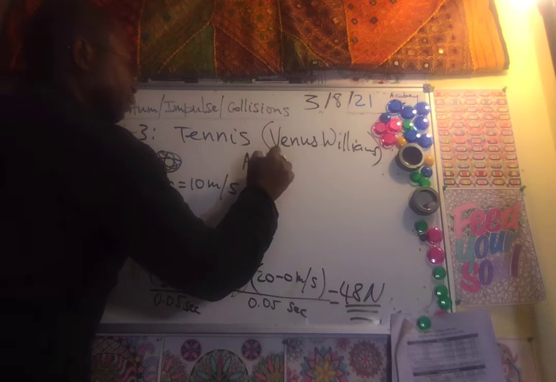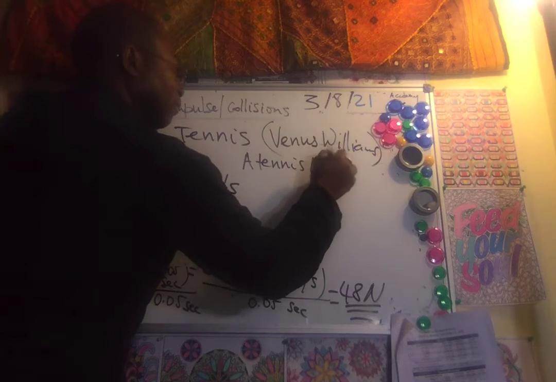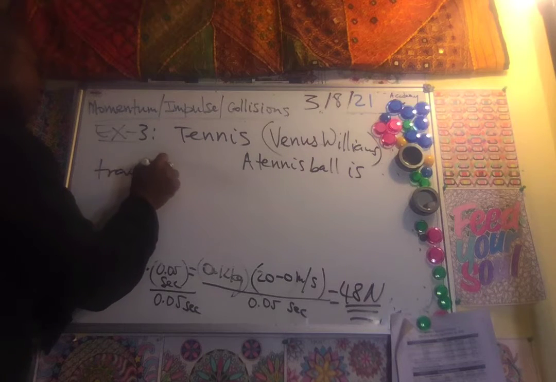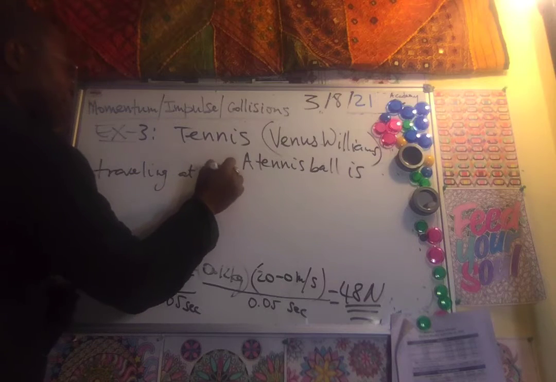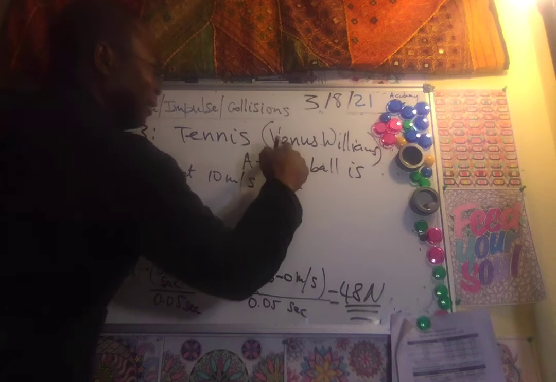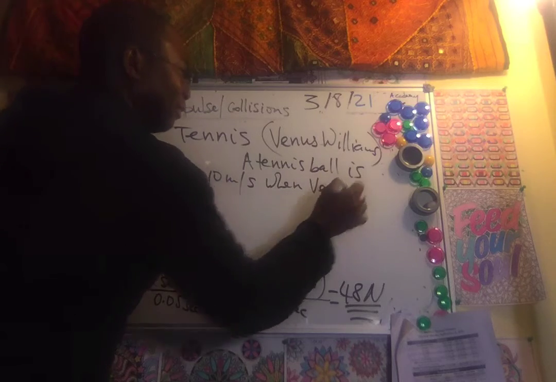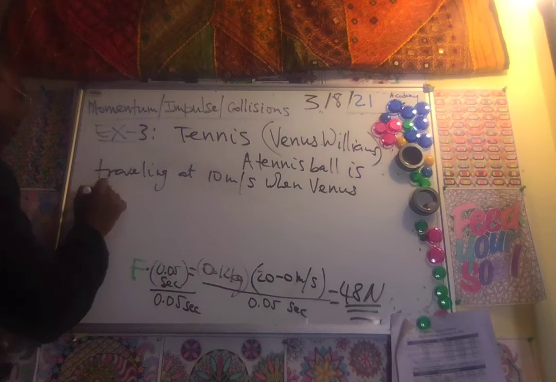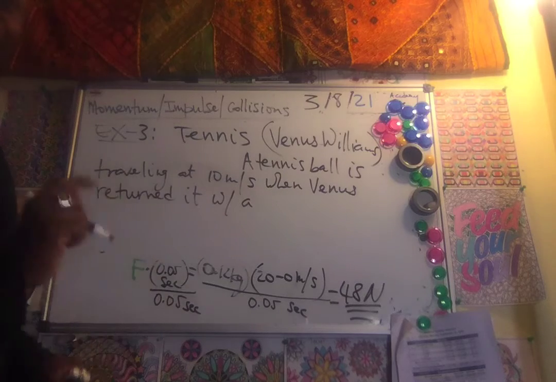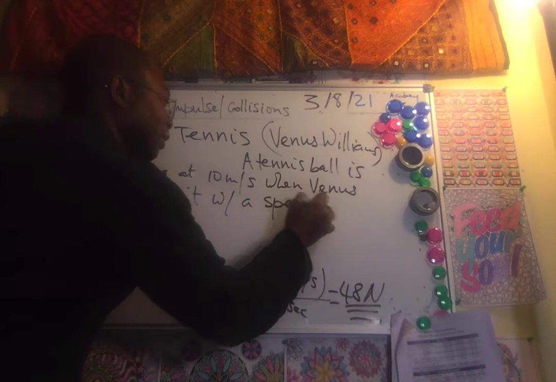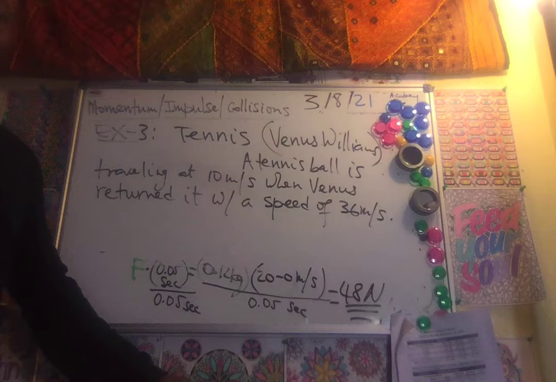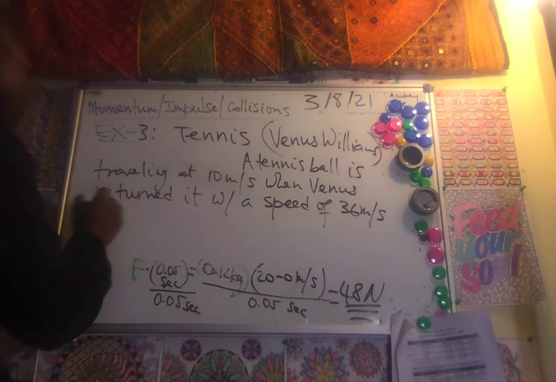A tennis ball is traveling at 10 meters per second when Venus returns it with a speed of 36 meters per second in the opposite direction.